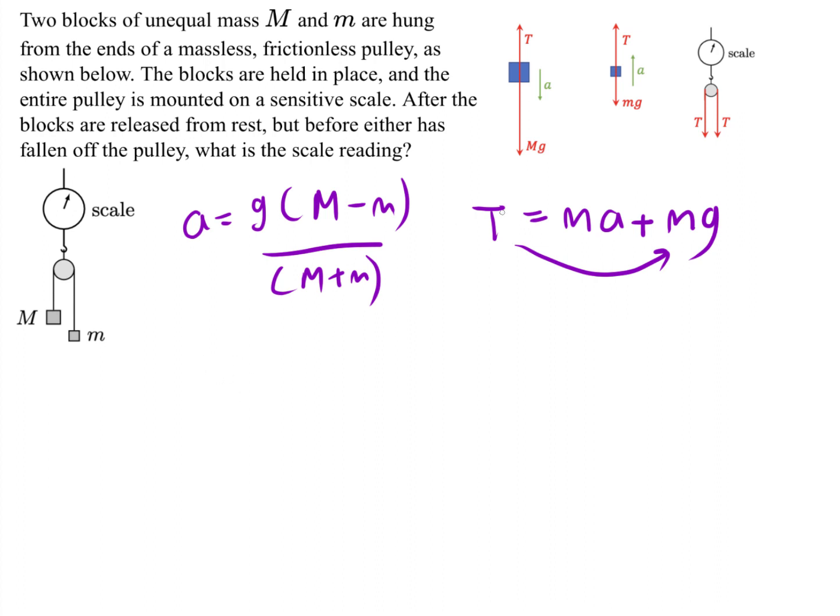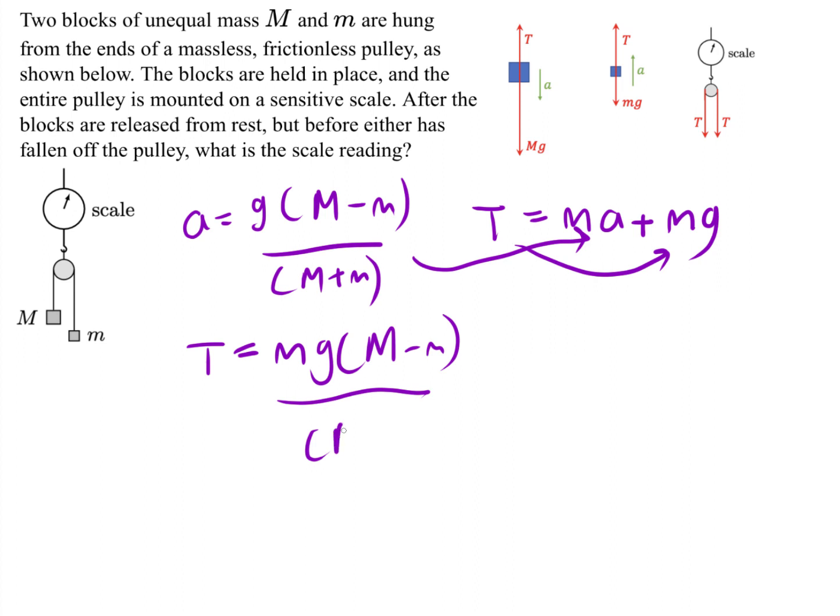And then we can plug this value in for the acceleration. So we get this really long equation that says the tension is equal to the mass times the gravity times big M minus little m divided by big M plus little m, plus the mass times gravity. Now if you notice, we can factor out mg again to make this a little easier.